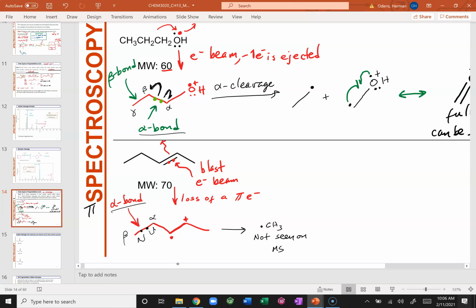And so what do you get? Look what you get. You get this thing here, a radical here and a radical here, and that does that, and so you get an allylic carbocation.